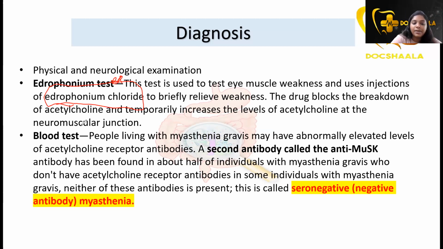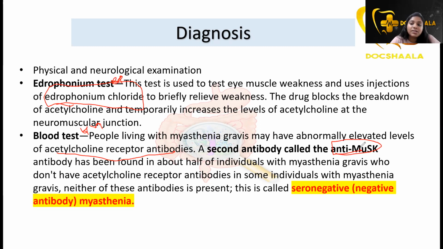Then blood test. The blood test is also performed where these individuals show abnormally elevated acetylcholine receptor antibodies. A second antibody called anti-MuSK antibody is also found in half of the individuals with myasthenia gravis who do not have the acetylcholine receptor antibody.